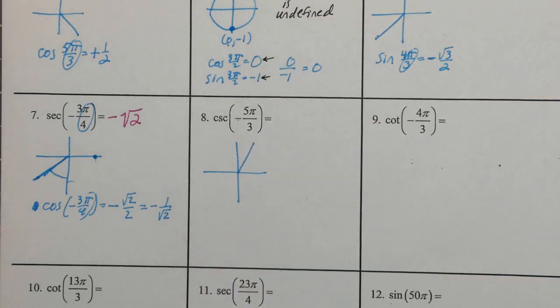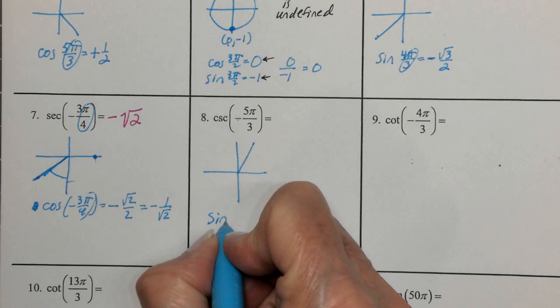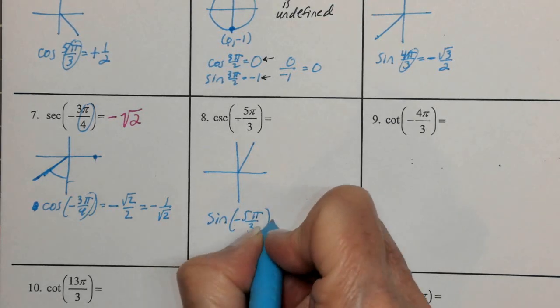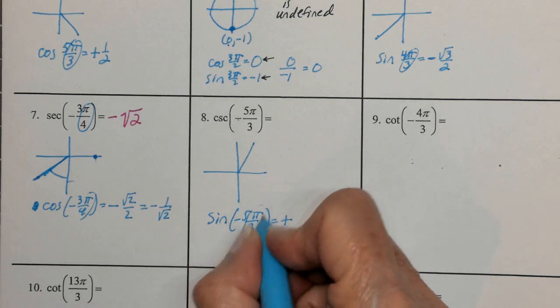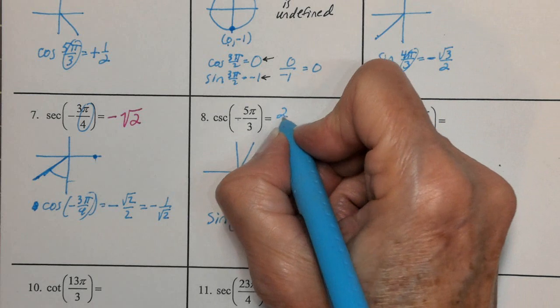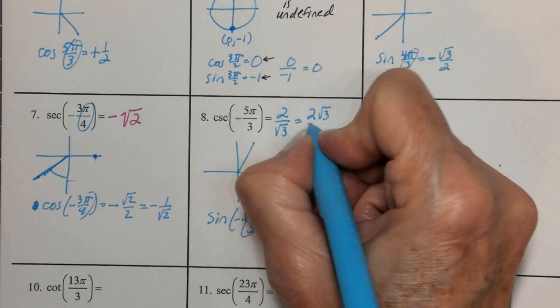And in quadrant 1, everything is positive. So this is going to be positive. Sine is positive square root 3 over 2. So 2 over square root 3, 2 square root 3 over 3.